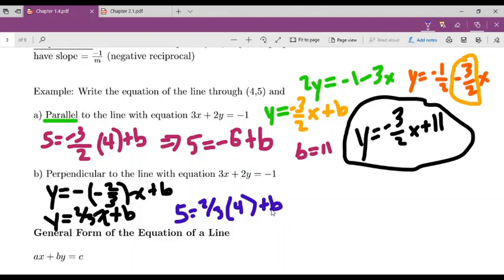Alright, so that means, I'm still working through simplifying, 5 equals 4 times 2 is 8, so 8/3 plus b, which means I need to subtract 8/3 on both sides so that b equals 5 minus 8/3.